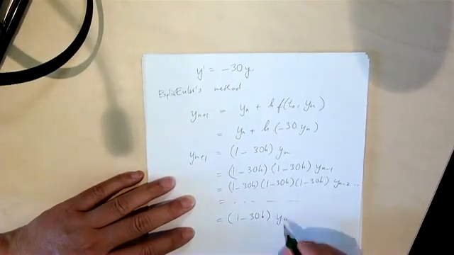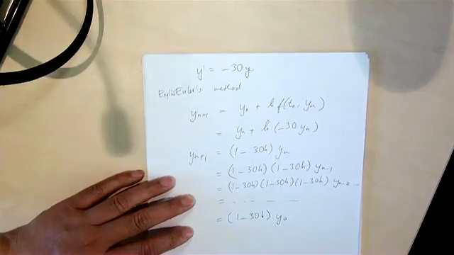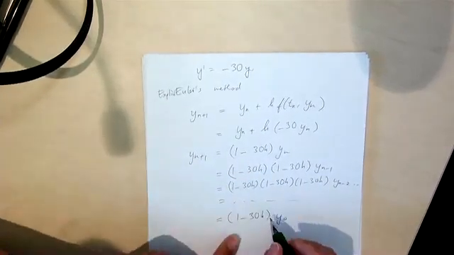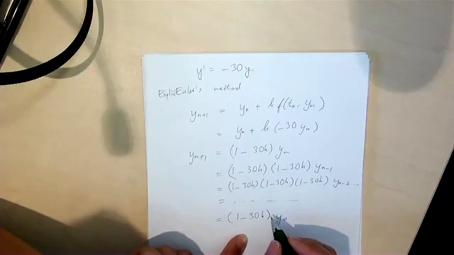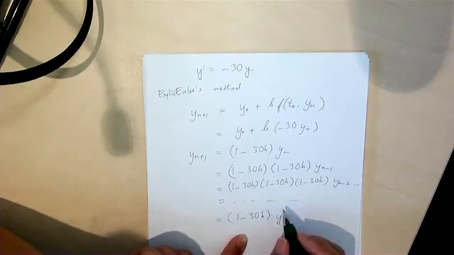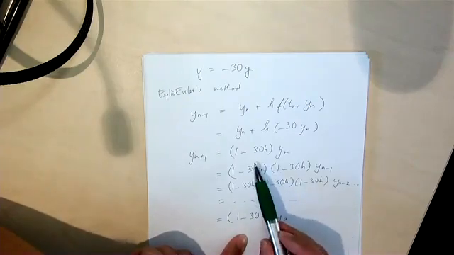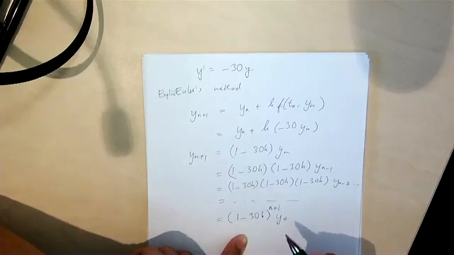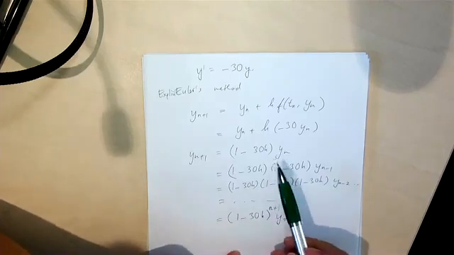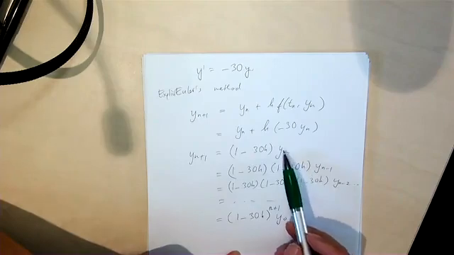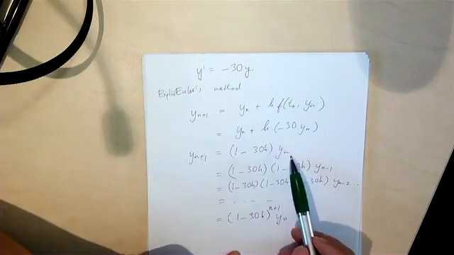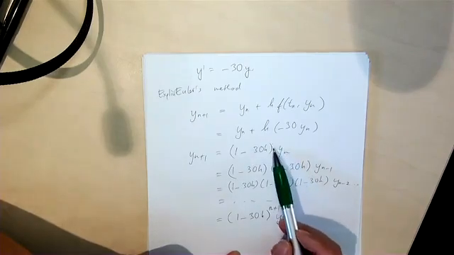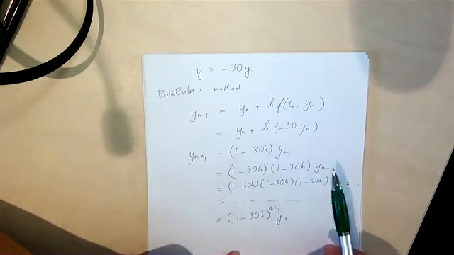Is it n or n plus 1? N plus 1, yeah, because the power here plus the index here is always n plus 1. Power 1 plus n is n plus 1.